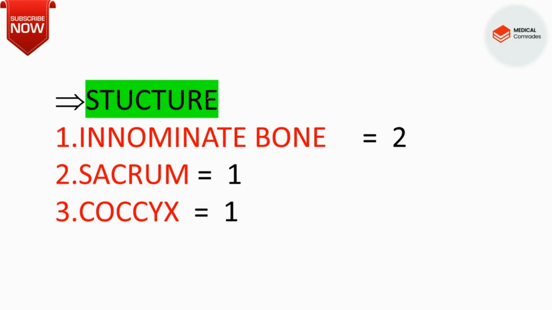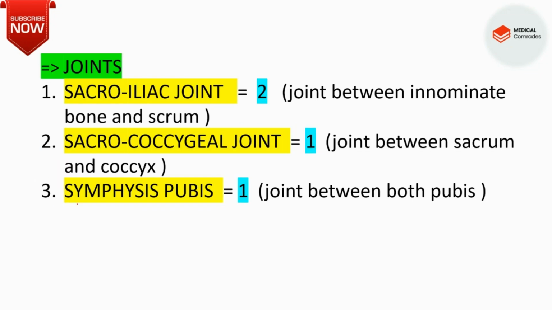See the structure. It is made up of two innominate bones, one sacrum and one coccyx. We will see in the picture so that you can know in detail and in an easy way. There are joints.